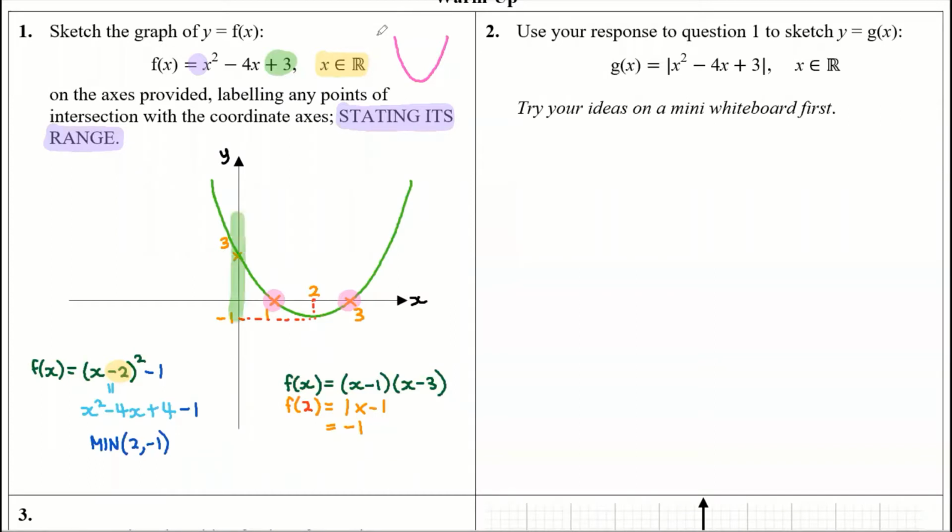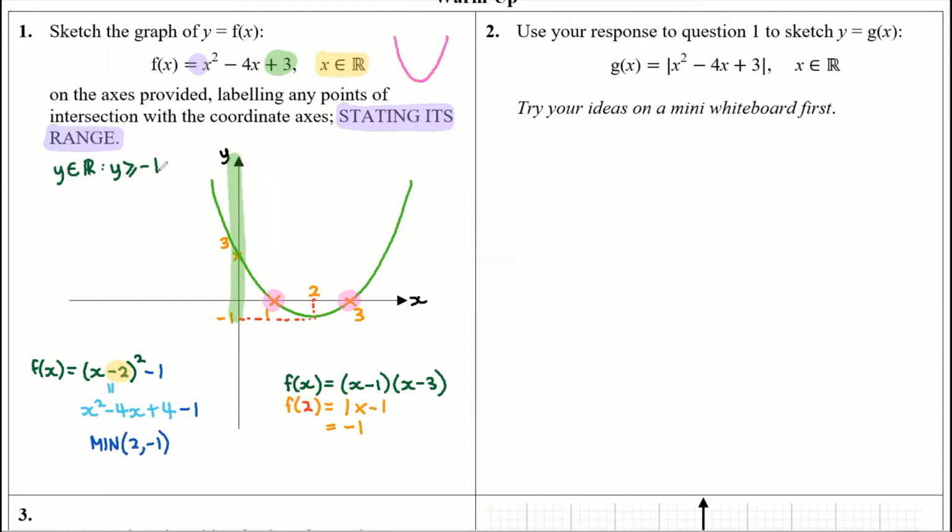Well, the minimum point is at -1, but anything else above that is valid in the range. So the range is simply y is a real number, but the restriction is that y has to be greater than or equal to -1. Okay, and that's when we're allowing all real values of x.